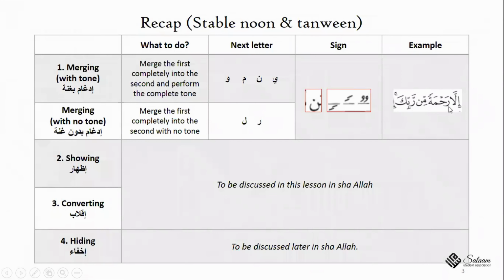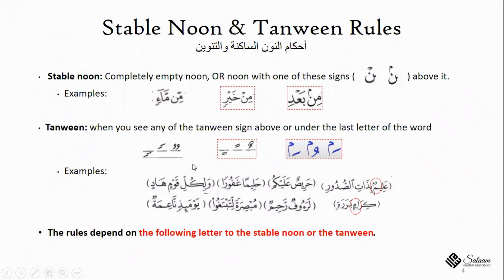And this will be said like this: إلا رحمة من ربك, رحمة من ربك. Here we have tone, here we don't have tone. So this is what we discussed last week. Today, inshallah, we're going to discuss these 2 rules.